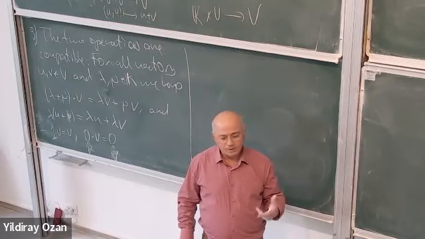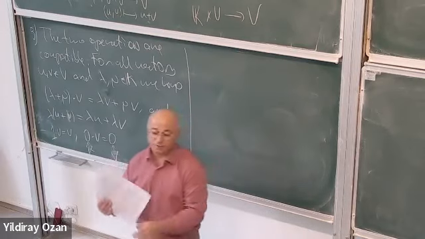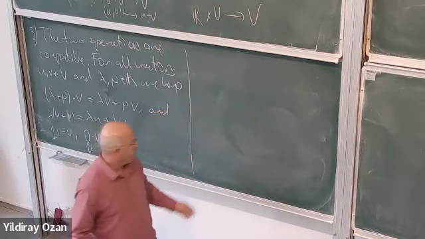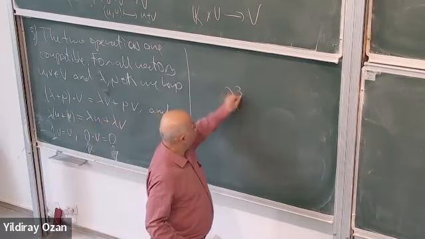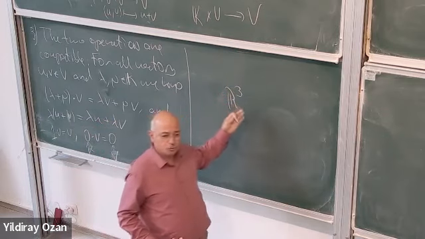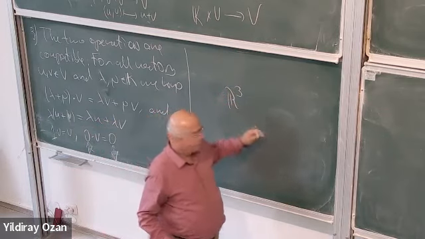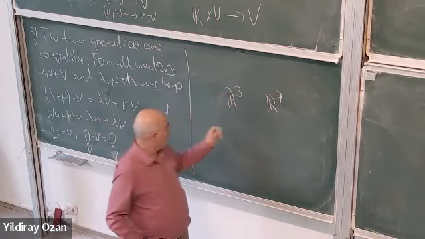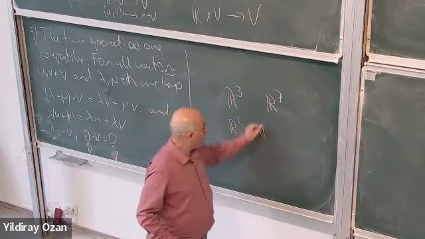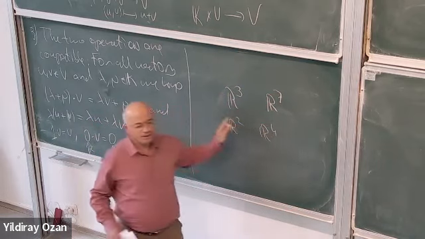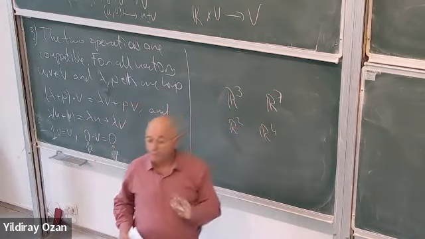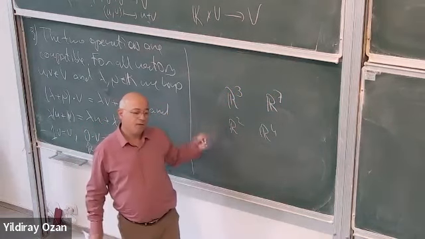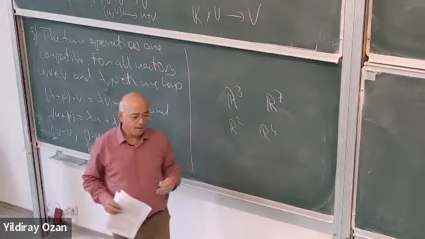We have multiplication in some special vector spaces, for example in R3, the usual cross product of vectors. We have something similar in R7, but we don't have any other vector spaces where we can multiply vectors.